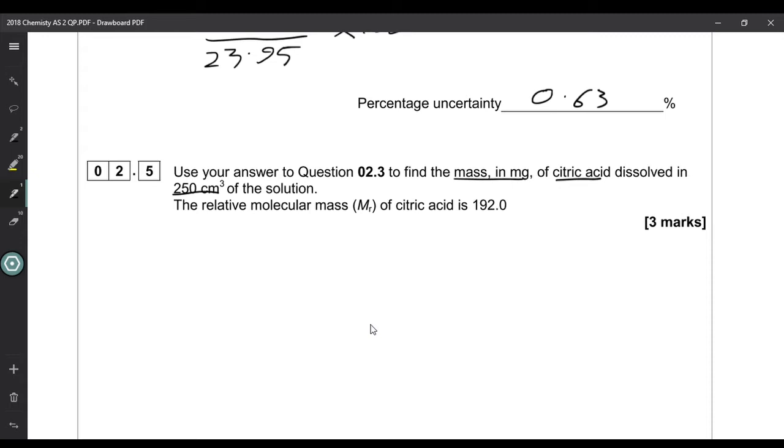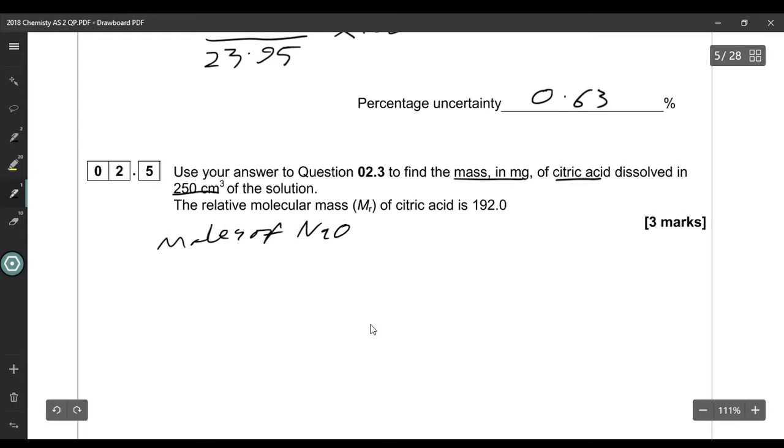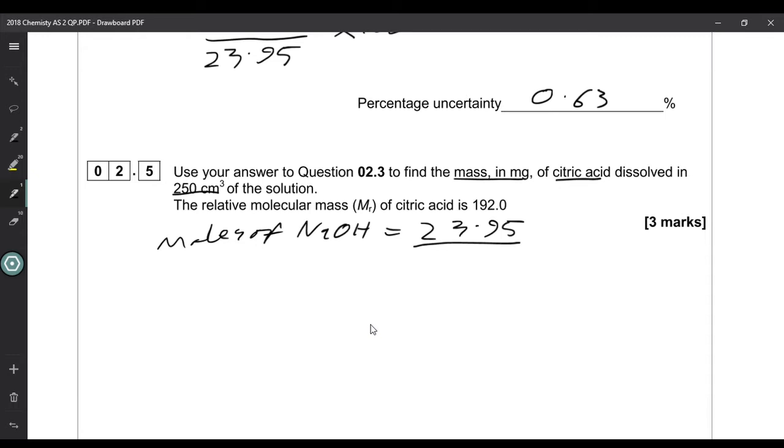So first thing we've got to do is work out how many moles of sodium hydroxide we've added to the experiment. So the moles of NaOH equals 23.95, which we calculated as an average. We need to work out the fraction of a litre or a dm cubed that we've added, because we know how many moles there are per dm cubed.